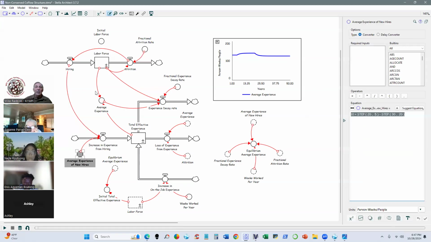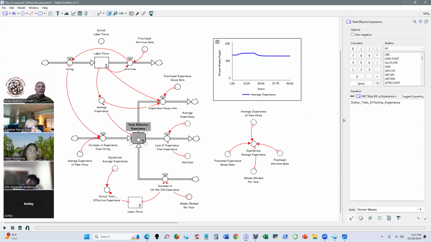Weeks. Average weeks of experience in doing whatever it is. So here's our co-flow. It's our hiring rate. This would be the same thing as borrowing in the last model. And the average experience in new hires is like the interest rate on the new debt. And they're going into total effective experience. I might have got this one from Sturman. I can't remember. This was a while ago.